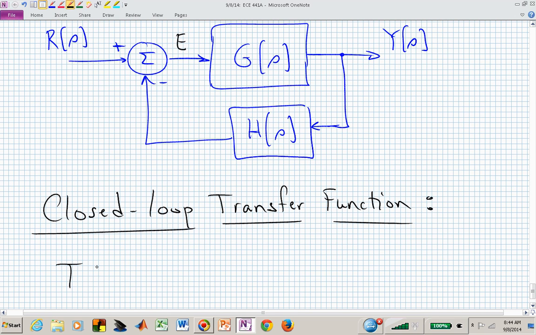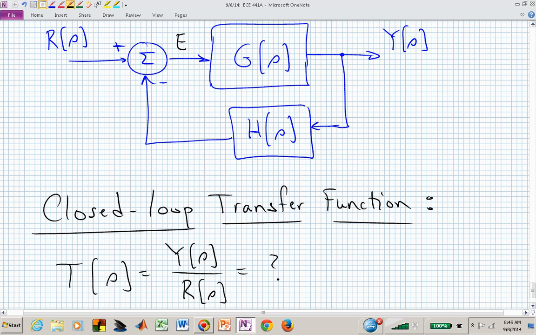We want to know what is T of S, which is the ratio of the output to the reference input. What is that?